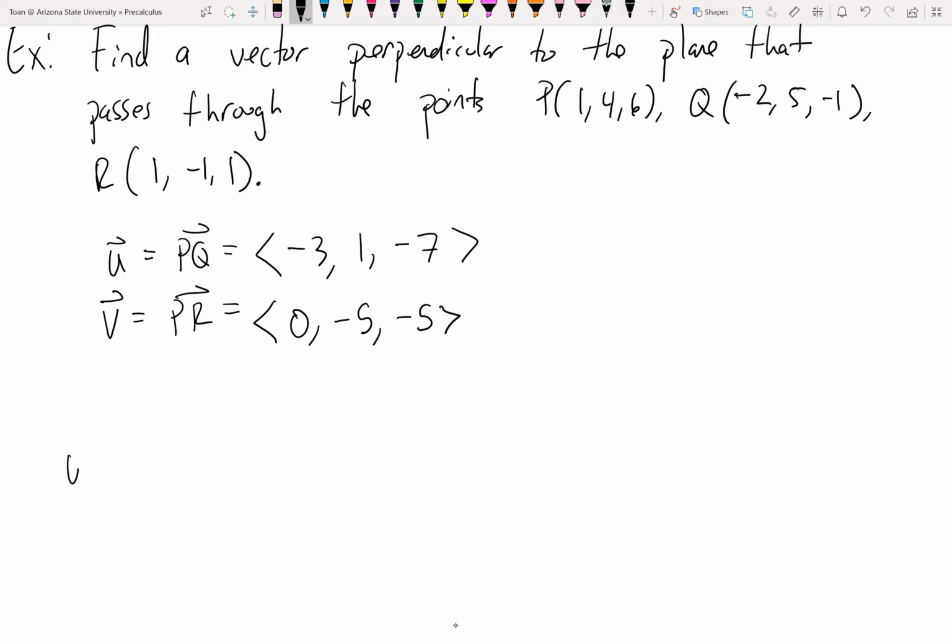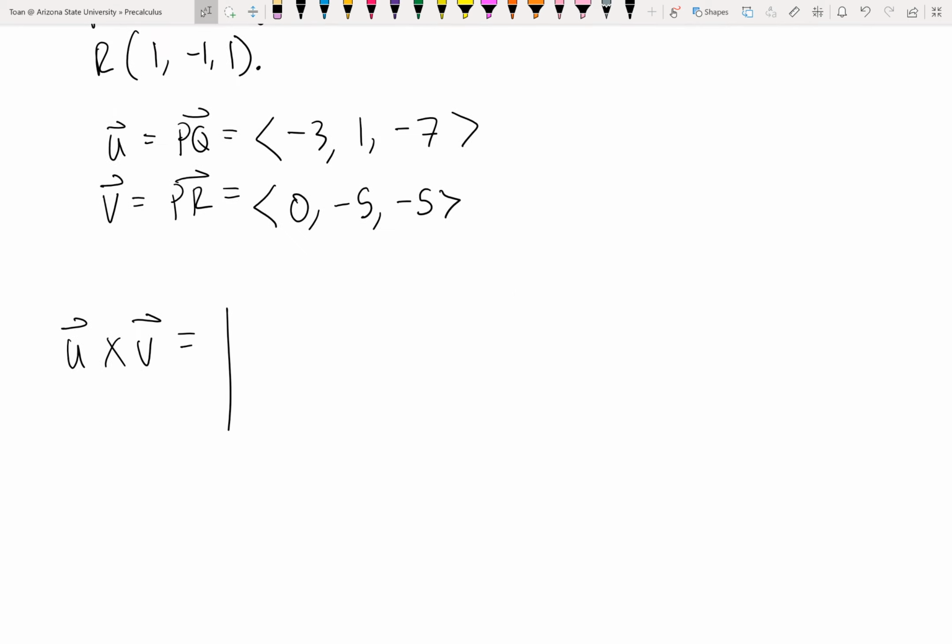So we're going to do u cross v. I'll do the determinant method again. If you want to just follow the formula, go ahead and just follow the formula. So you have the i, j, k, and lay down your two vectors. Start with the i.